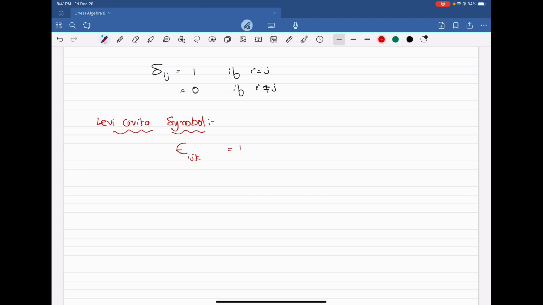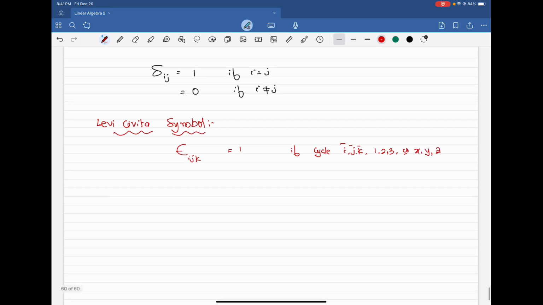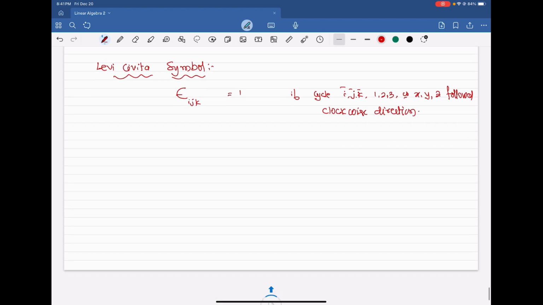one, if there is a permutation in the cyclic order of the cycle of ijk, or 1 2 3, or x y z followed, then in the clockwise direction. This is used for the cross product.